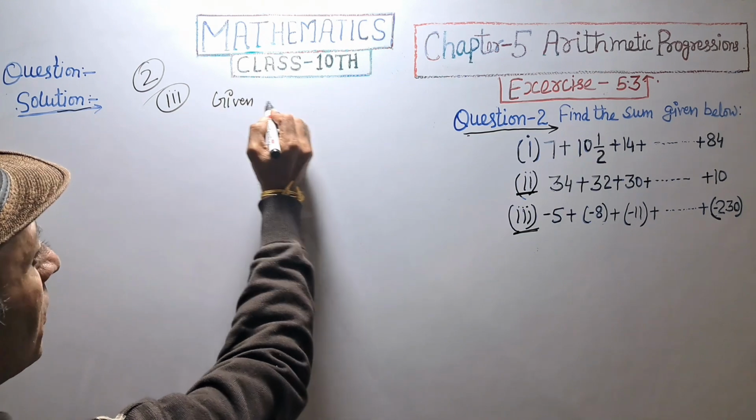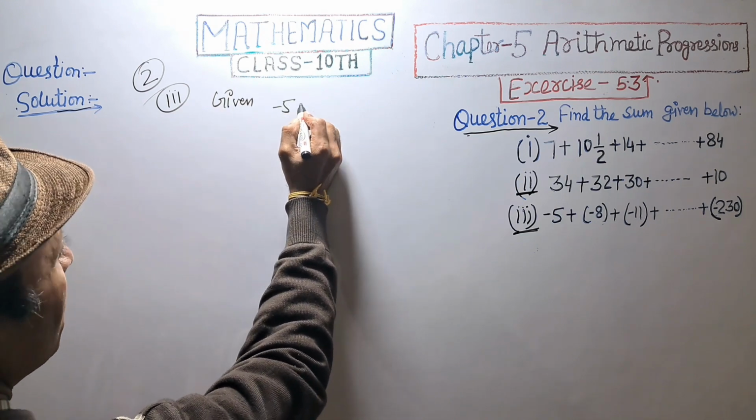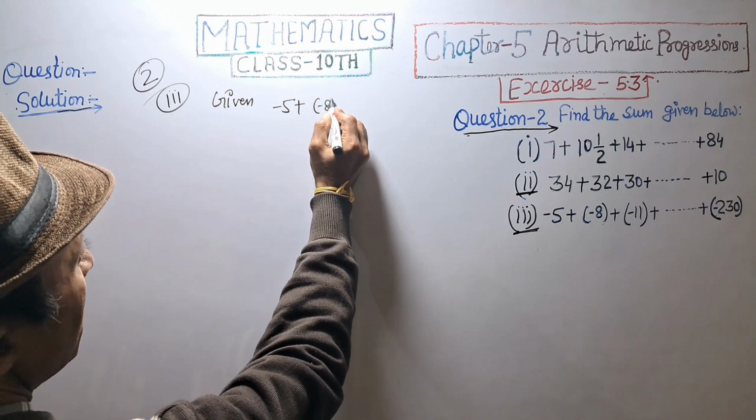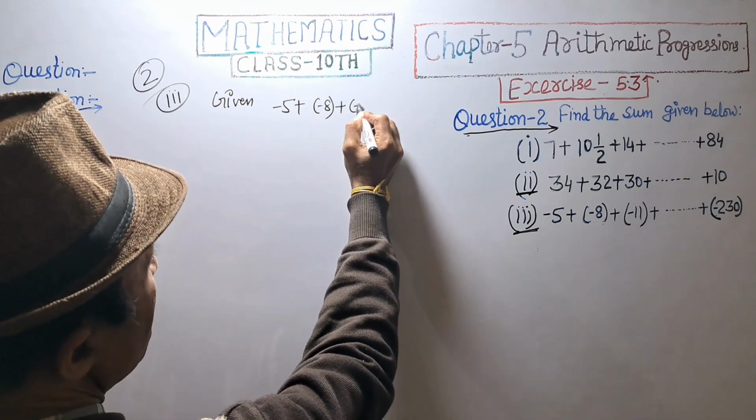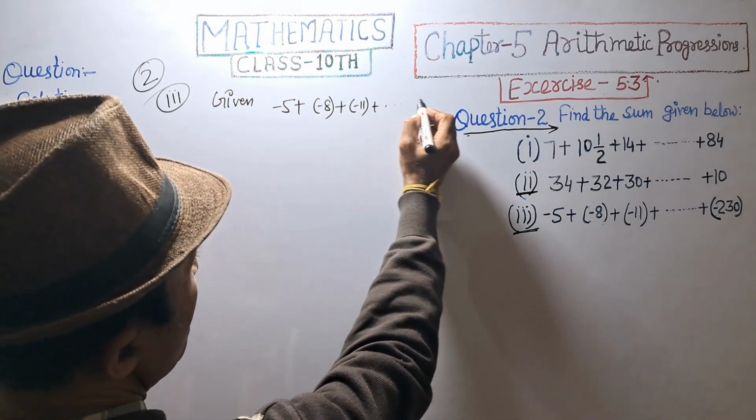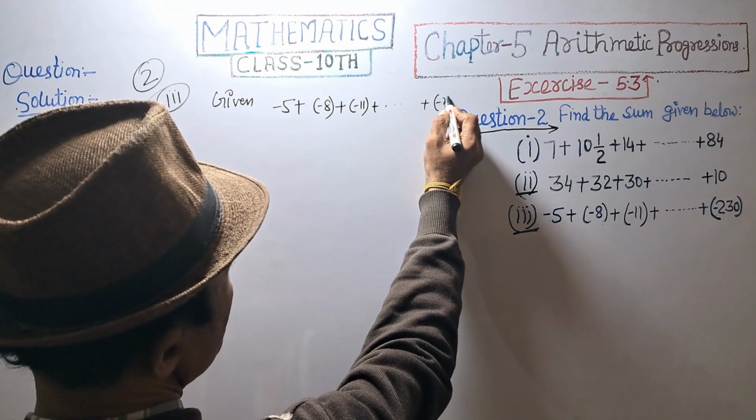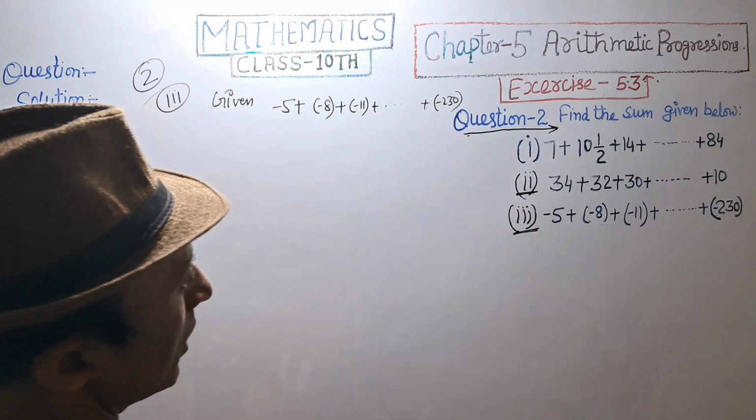Question number 2, third part. Given minus 5 plus minus 8 plus minus 11 plus so on plus minus 230.